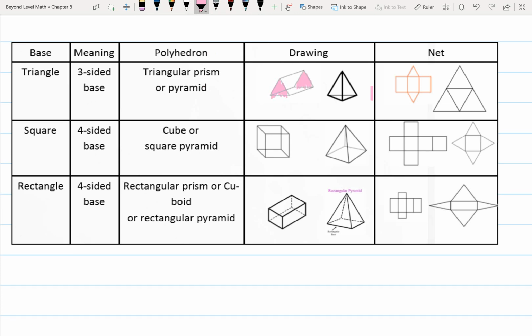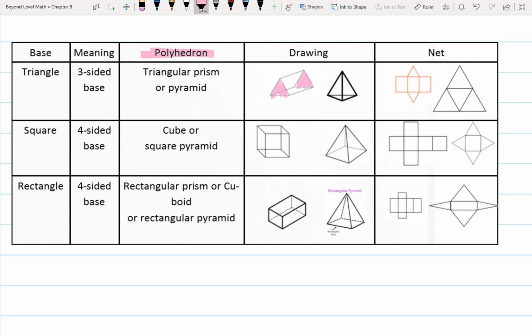Those are the bases. The rectangles that connect those bases are the lateral faces. A polyhedron is a three-dimensional figure, while a polygon is a two-dimensional figure. So this is a new vocab word for today.